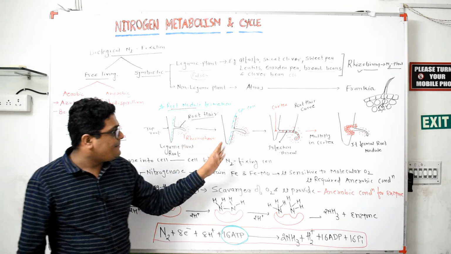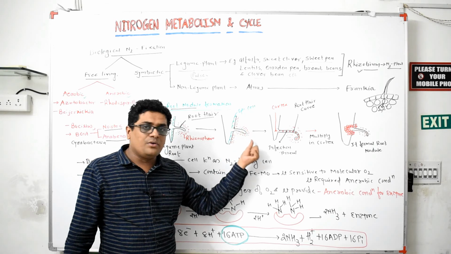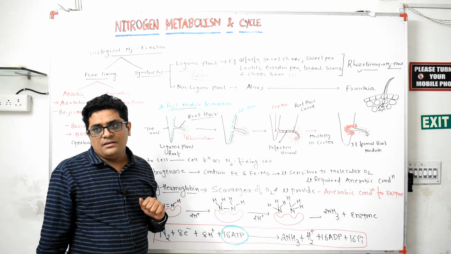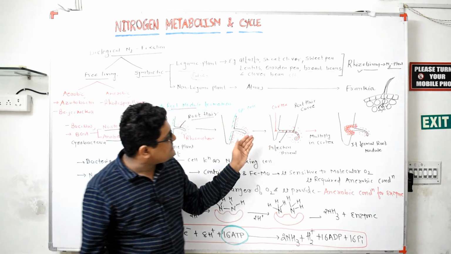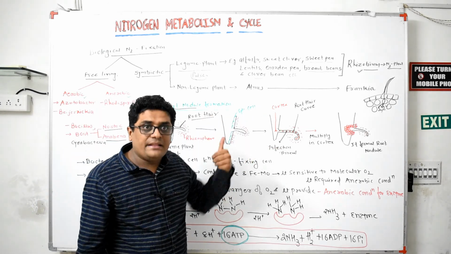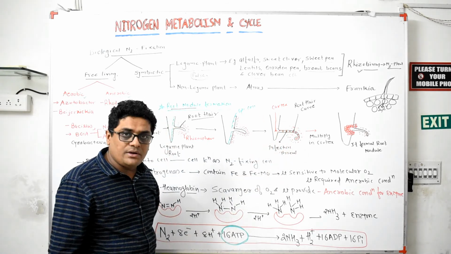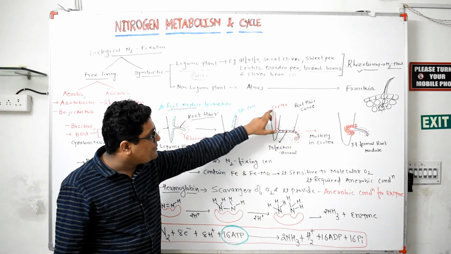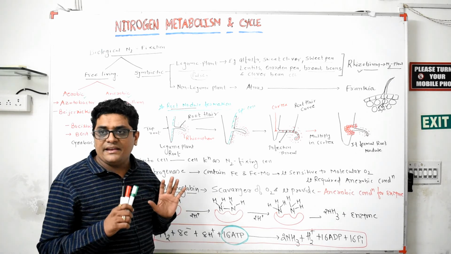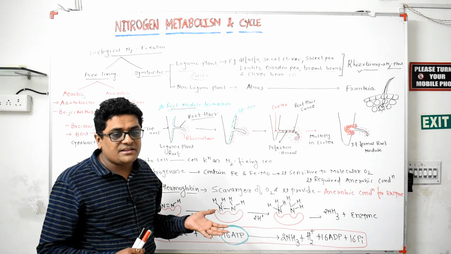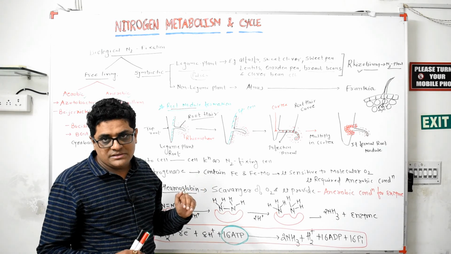In the second step, the bacteria surround the root hair and the epidermal cell of the root. Then in the third step, the root hair gets curved and the bacteria penetrate the root hair and migrate up to the cortex, where they multiply and form a tumor-like structure that is known as the root nodule.